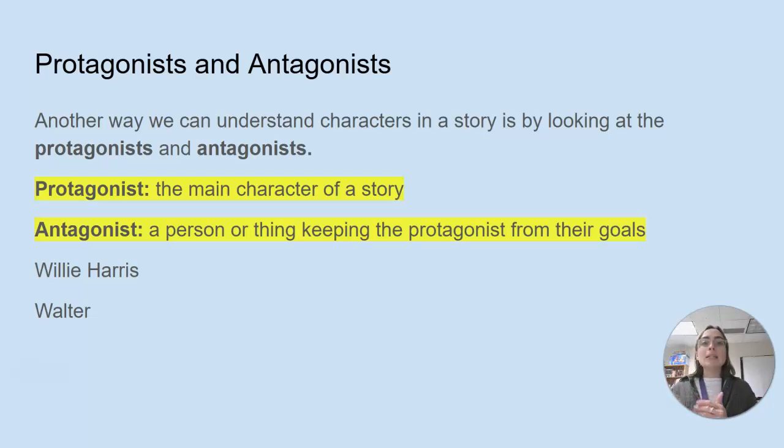And so for a time, he was the thing keeping Beneatha from going to medical school, from keeping the family from being able to afford their dreams. And the antagonist doesn't have to be a person, it can also be a thing, right? And so poverty and racism are also antagonists in A Raisin in the Sun because they hold the family back and they keep the younger family from fully achieving their dreams.